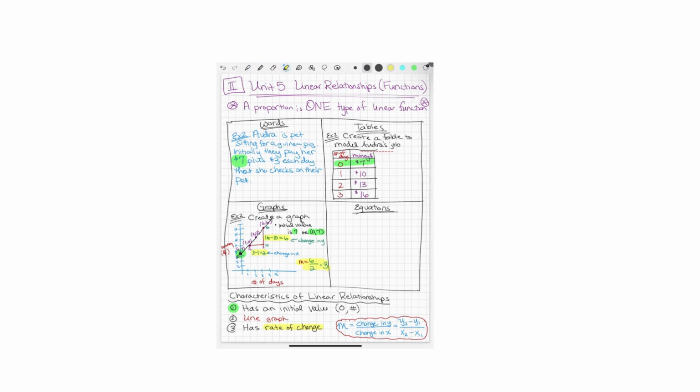See if you can find the rate of change in either the words or the tables. We're going to highlight those. There it is right there in the words. That was nice and easy. In my table, it's a little bit more hidden.